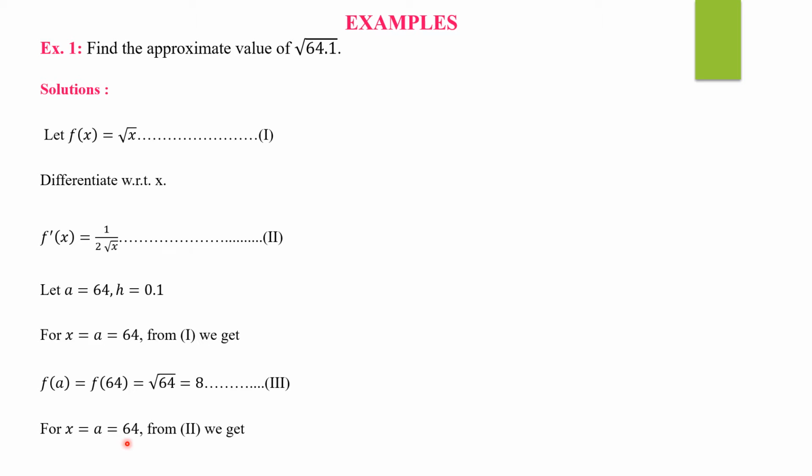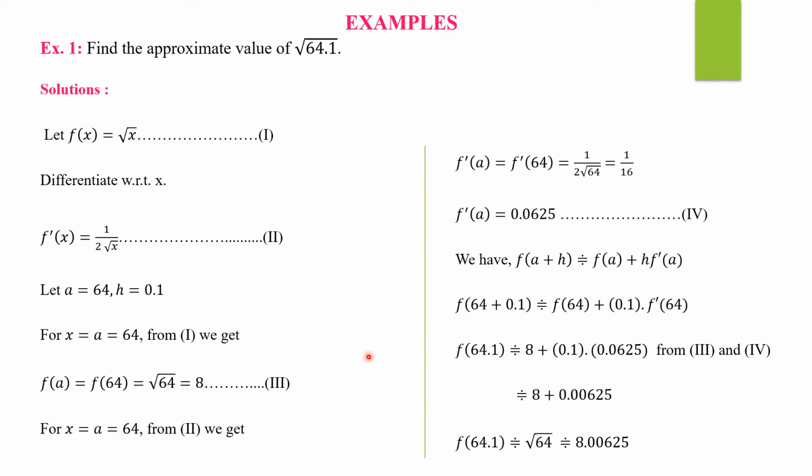For x = a = 64, from equation 2 we get f'(a) = f'(64) = 1 / (2 root 64). Root of 64 is 8, 8 into 2 is 16. Therefore f'(a) = 1/16. On simplifying, we get f'(a) = 0.0625, denoted by equation 4.